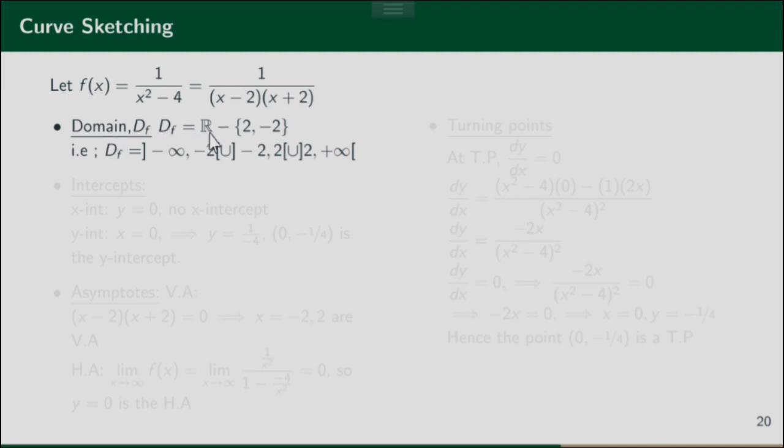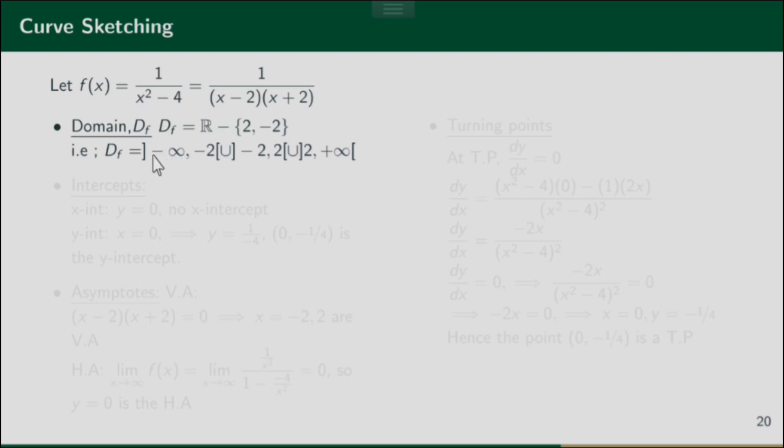The domain of the function was even given in the question already, because the function can take all real values except two elements, which are plus 2 and negative 2. So the domain of the function is the set of real numbers except these two elements, plus 2 and negative 2. Now we can write it in interval notation form, which is very important.